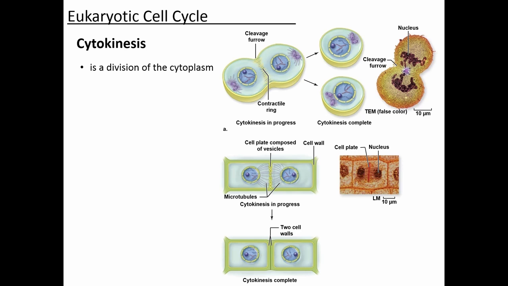Okay, it has to happen differently in plants because plants have a cell wall. In plant cells, cytokinesis involves vesicles that are derived from the Golgi apparatus.